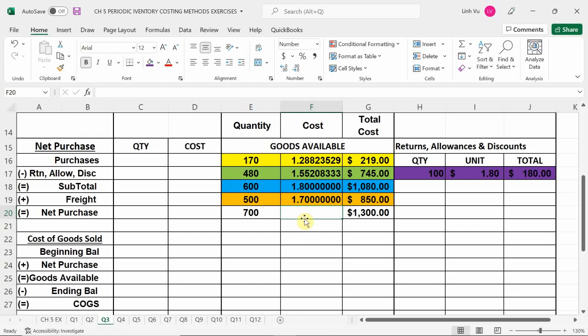I have $1.857143. Good. And this is my purple batch of inventory.